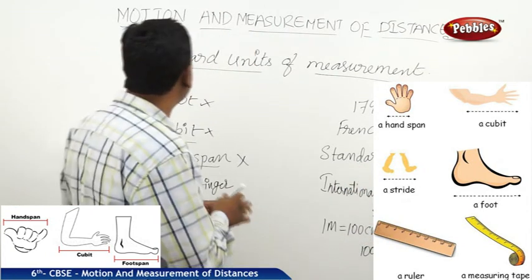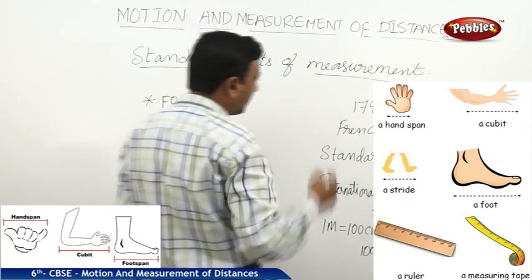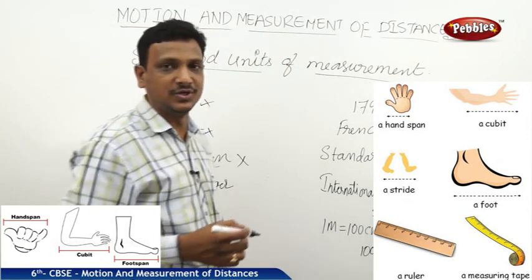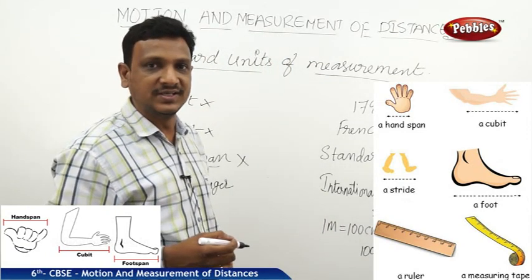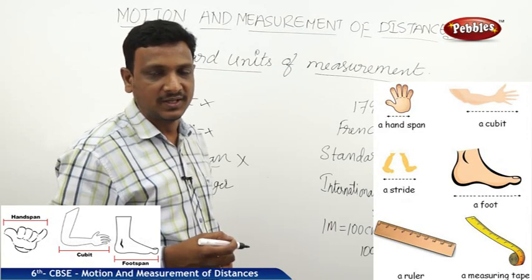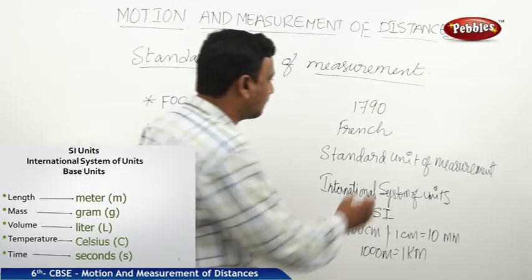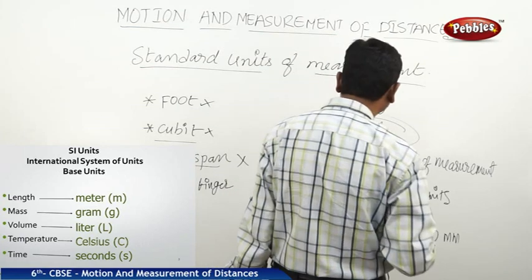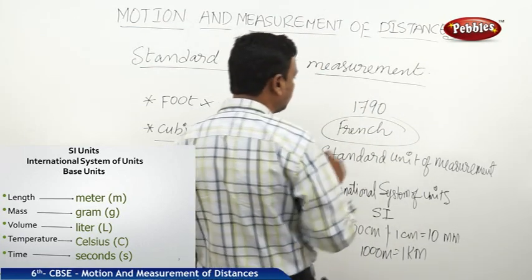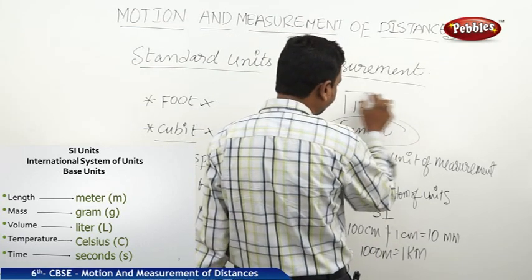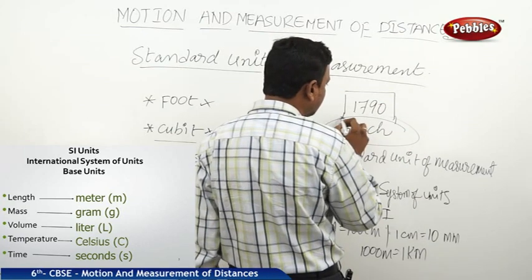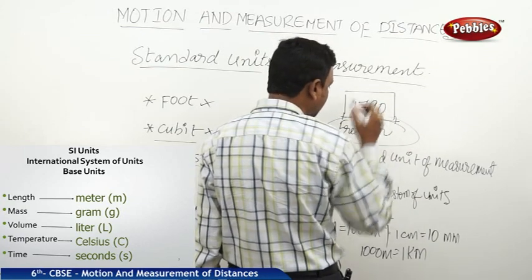So what we are talking about is the standard unit of measurement. Then what is the standard unit of measurement? When was it found? Where was it determined? That was by French people. In France, it was done in 1780.